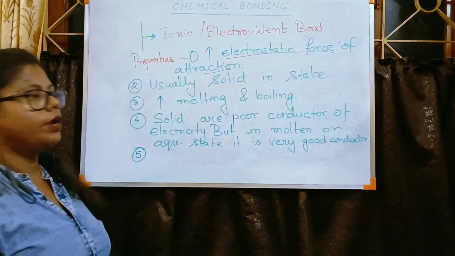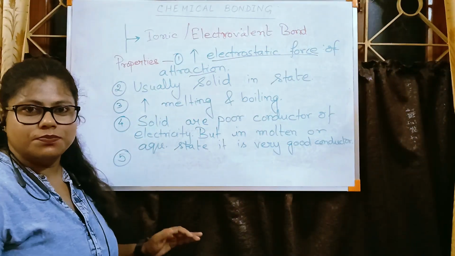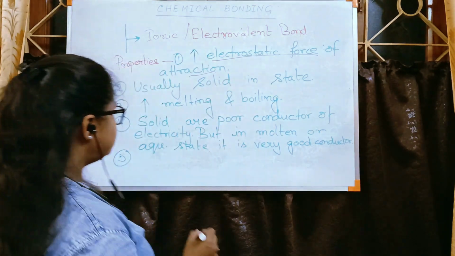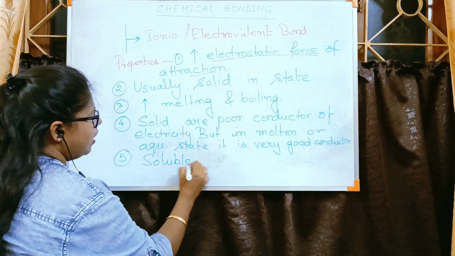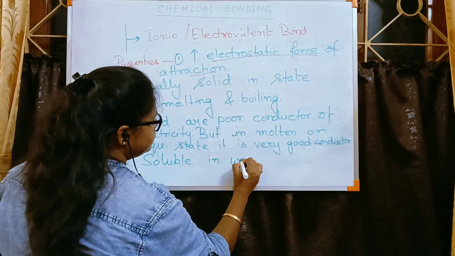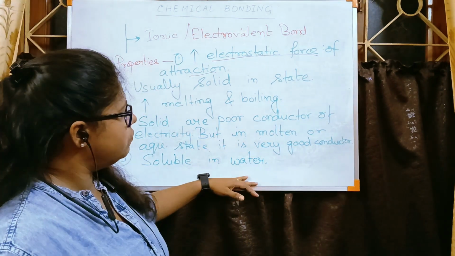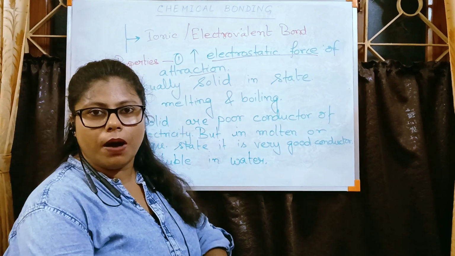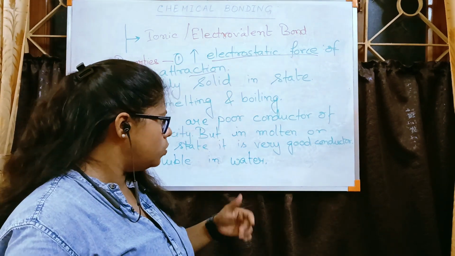Okay, now fifth point. Fifth point is solubility. So ionic compounds are completely soluble or very much soluble in water. For explanation of this portion, you need to know that water is a polar compound, which I will be teaching you in our further videos.